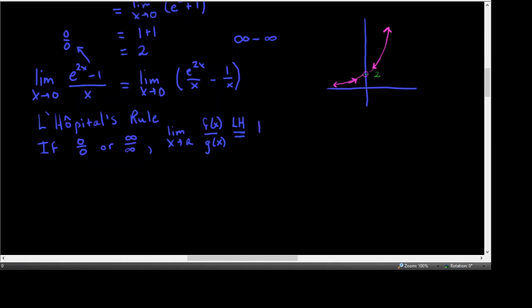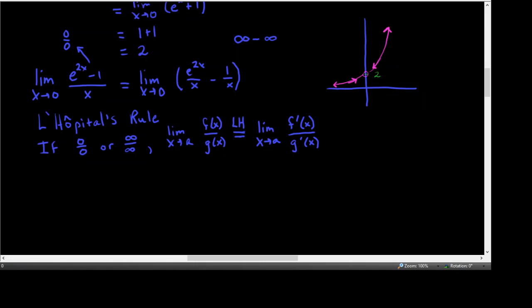So what happens is that by Hopital's rule, we rewrite the limit as x approaches a as the quotient of their derivatives. So the derivative of the numerator divided by the derivative of the denominator. Notice this is not the quotient rule. This is not low d high minus high d low all over the square of low. This is the quotient of their derivatives.